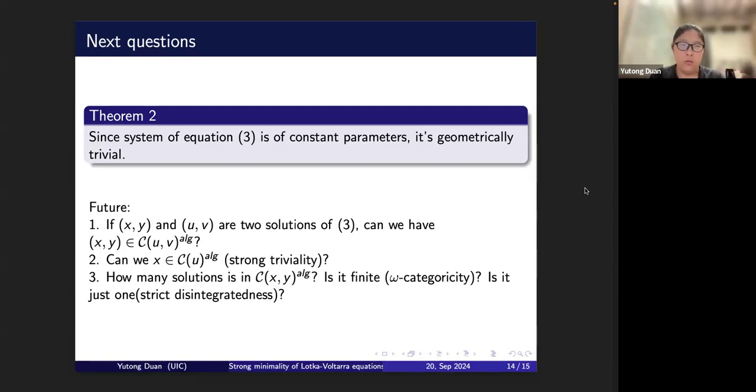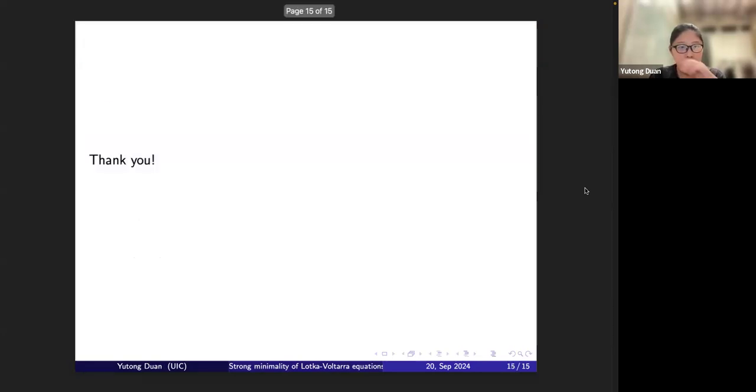And if it's just one, so that means x, y is the only solution in its algebraic closure, then we say the equation is strictly disintegrated. All of these questions haven't been finished, but I'm working on that. And I think that is my talk for today.